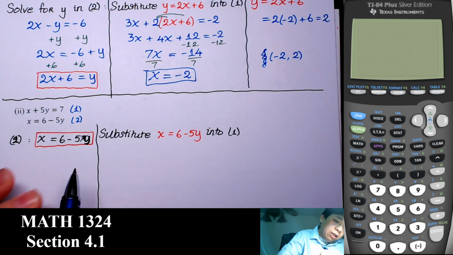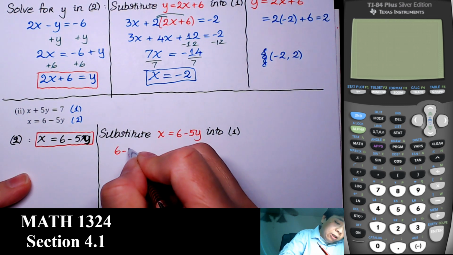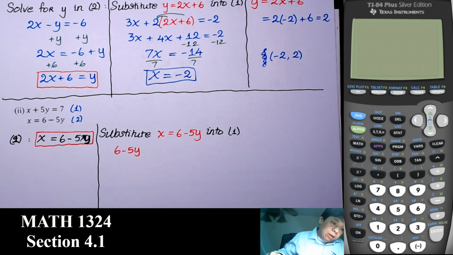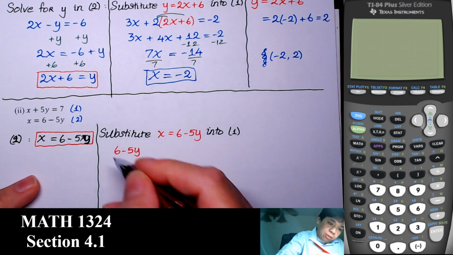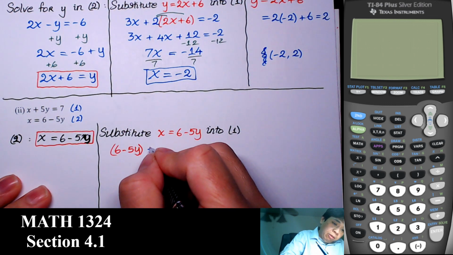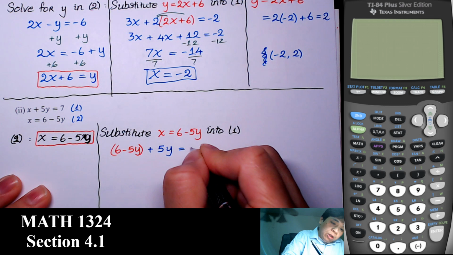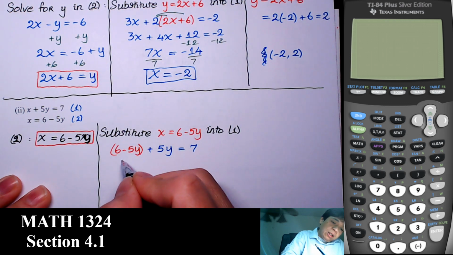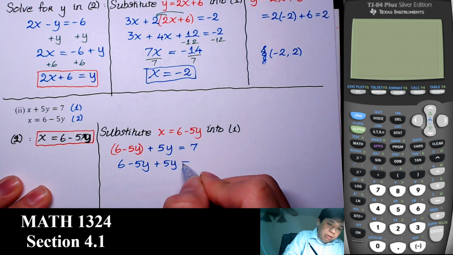So that gives us x is 6 minus 5y plus 5y equal to 7. Now 6 minus 5y plus 5y equal to 7.